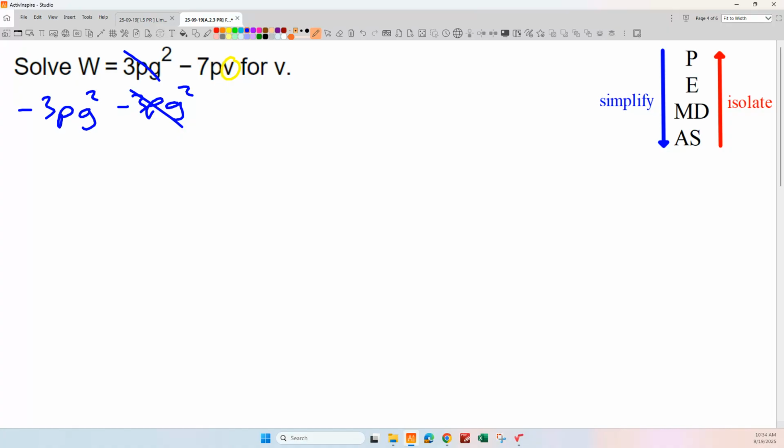W and that term are obviously not like terms, right? You have different variables in them. So we just get a kind of a big looking mess on the left side, but that's okay. We get W minus 3pg squared equals, what's left on the right side? Negative 7pv. Okay, good. Negative 7pv.